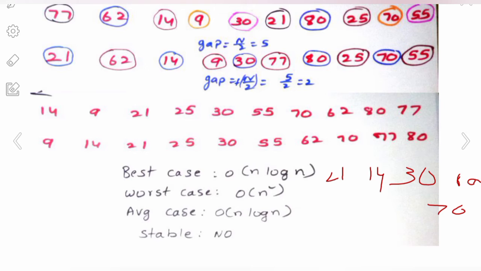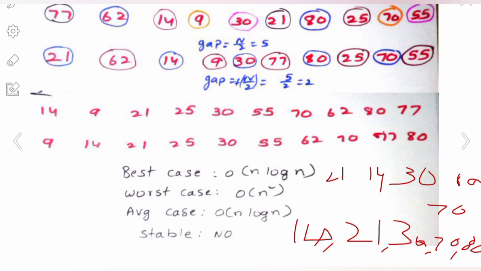So 14, 21, 30, 70 and 80. So this is the proper position: 30, 70 and 80. So 14, 21, 30, 70 and 80.